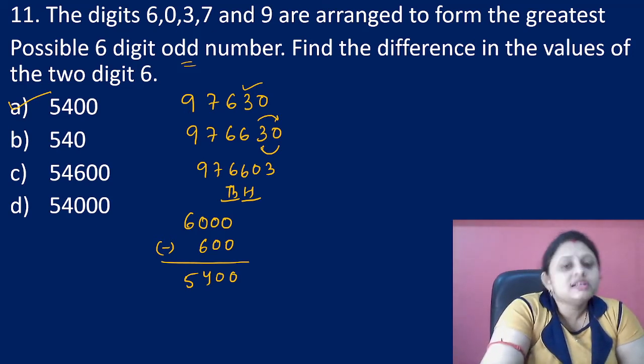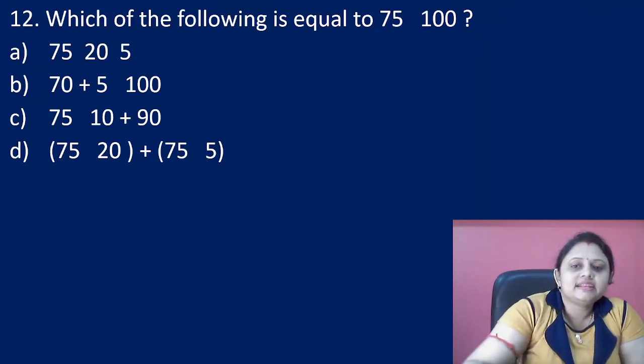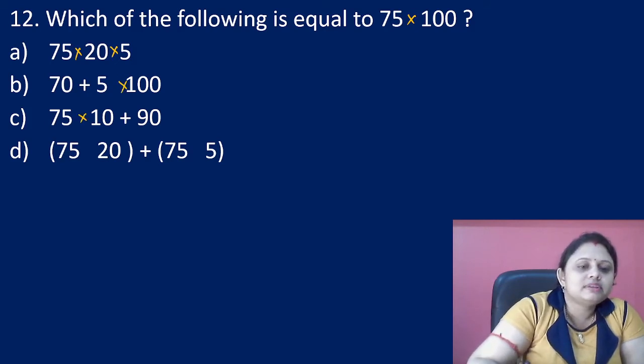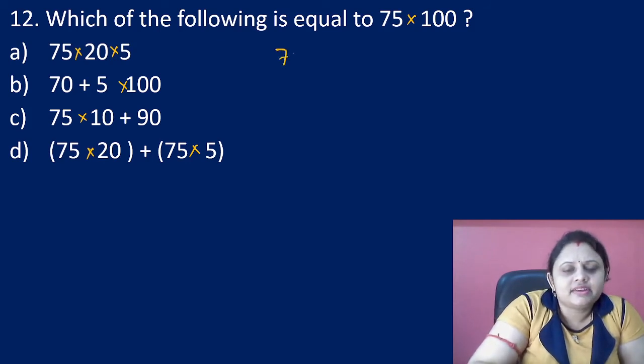Okay बच्चों, समझ में आ रहा है सबको? Let's move to the next question. Which of the following is equal to 75 into 100? 75 into 20 into 5, 70 plus 5 into 100, 75 into 10 plus 90, 75 plus 20 plus 75 into 5. Okay, how to find out? See, 75 into 100.